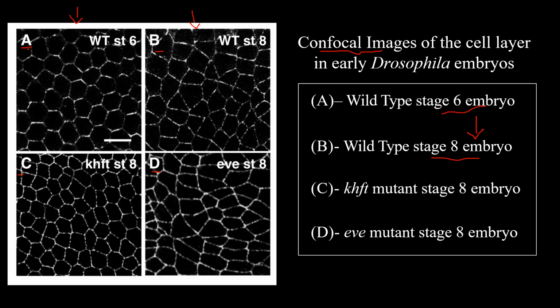And C and D are mutations, so these are two mutations that they are comparing, looking at what is happening in those two last stages. So this is the type of data that they are getting to quantify the changes in the geometry, to quantify the organization of the system.